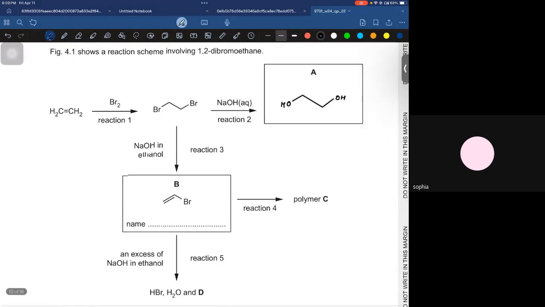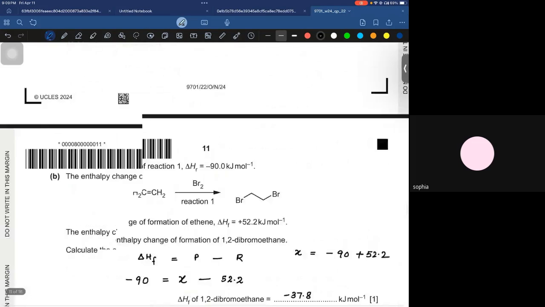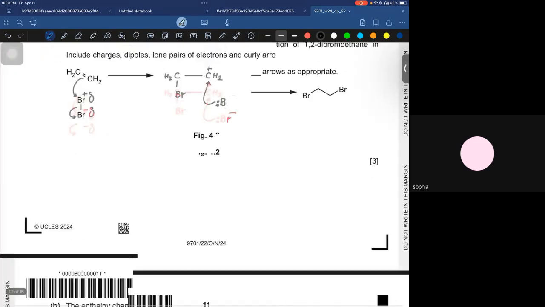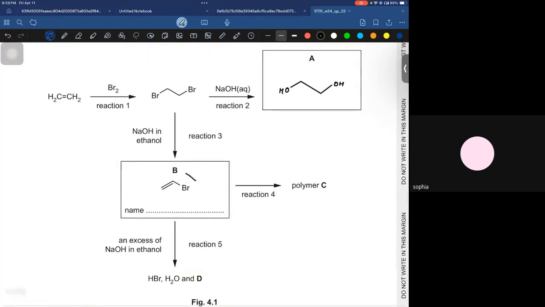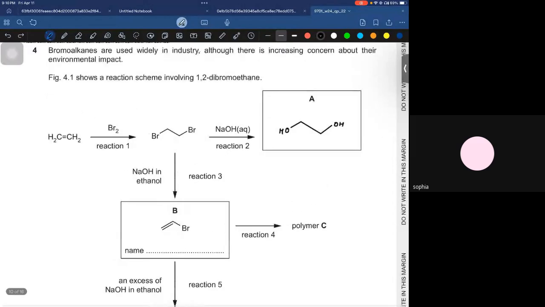Then name compound B. Yeah, this is B. What is the name of this compound? This is an alkene and also a halogen compound.